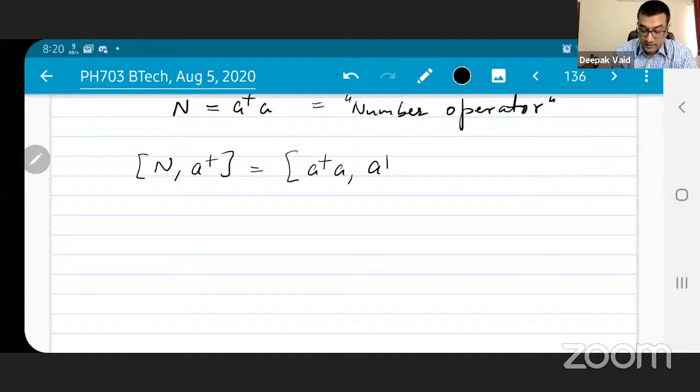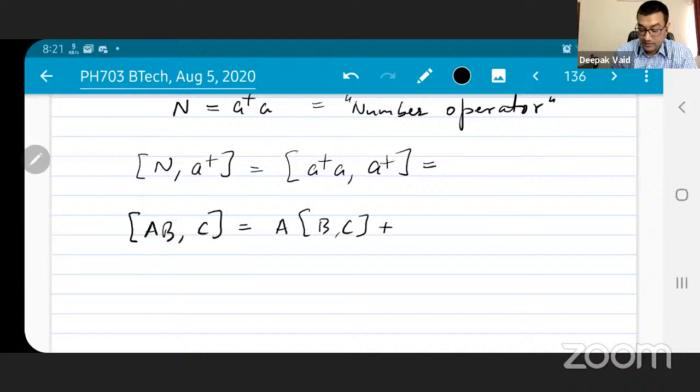So this becomes the commutator of a with a dagger a. Now, one of the problems in one of your homeworks was to show that if you have a commutator of this form, it can be written as A times the commutator of B and C, plus this.